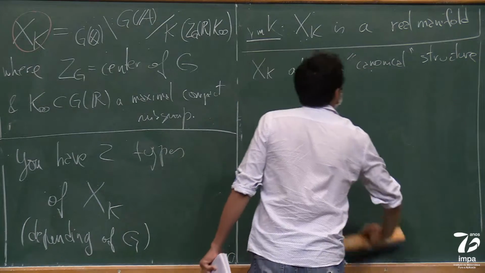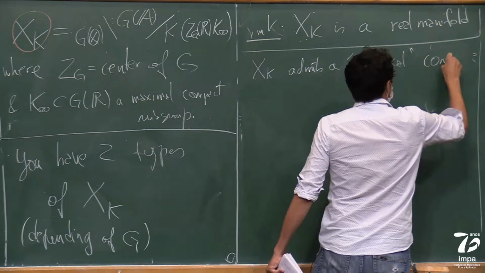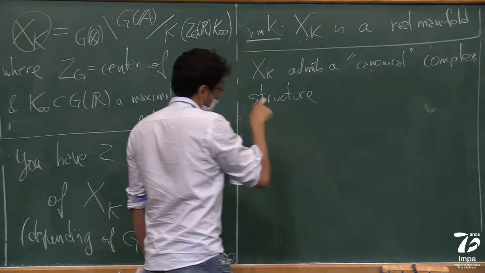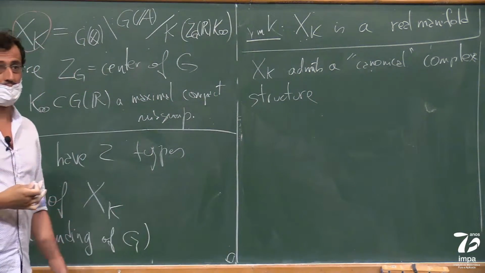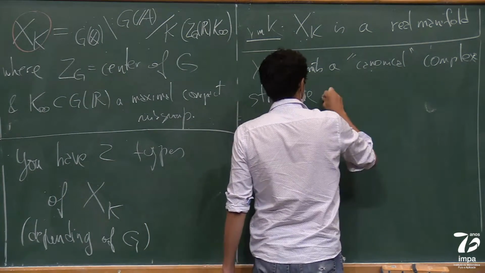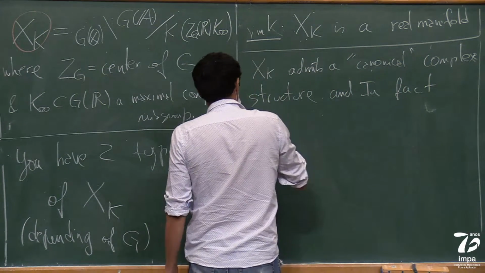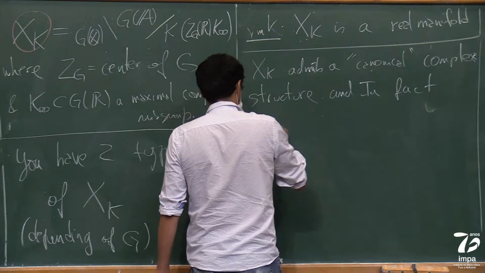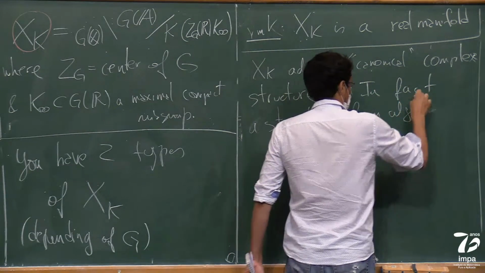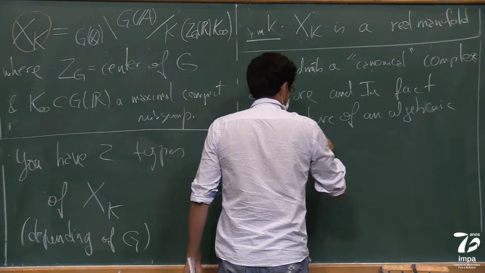Let me write it this way: a canonical complex structure. And when you have this complex structure, in fact, you have a structure of algebraic variety, and in fact a model, a structure of algebraic variety over a number field.